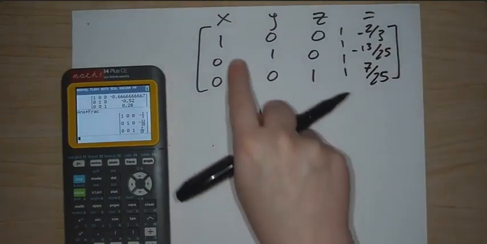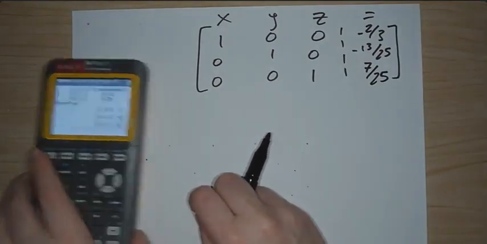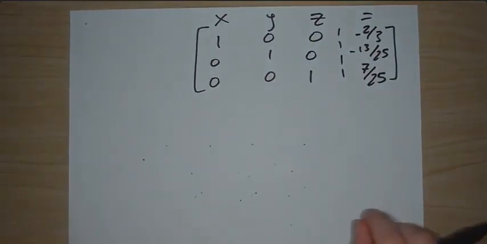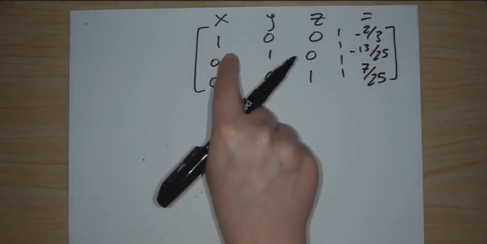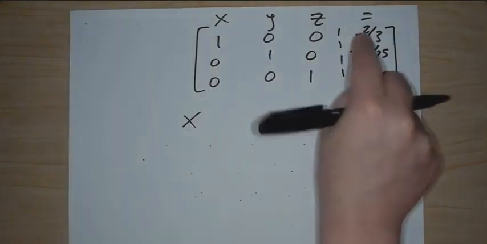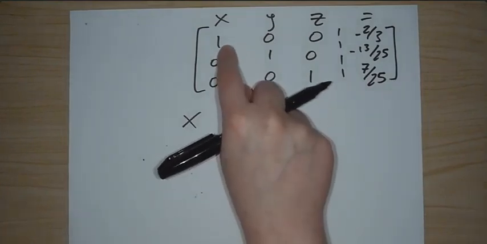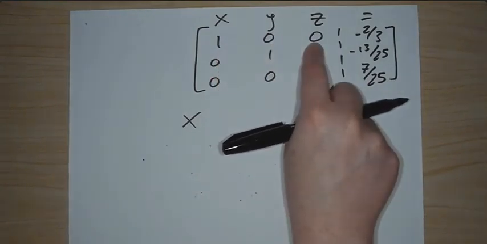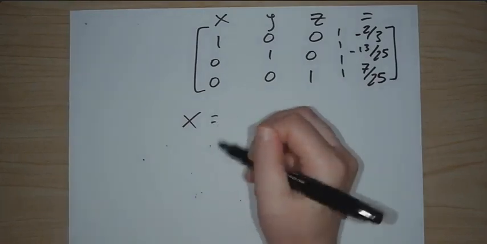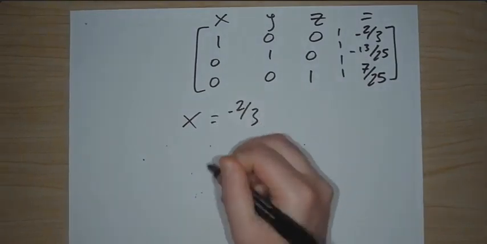What this means is that if you put this back into equation format, the first row is 1x plus 0y plus 0z is equal to negative 2/3. In other words, x is just equal to negative 2/3.